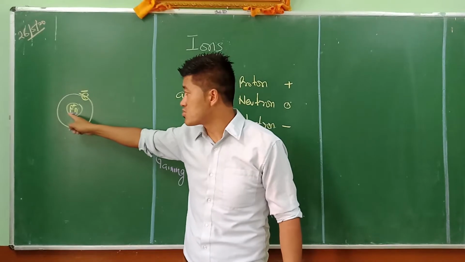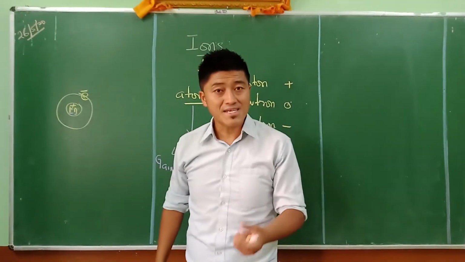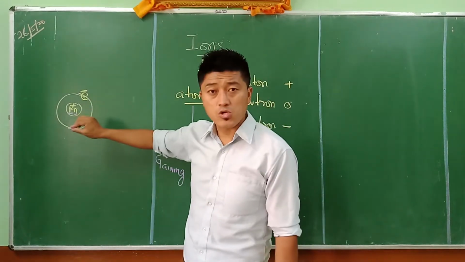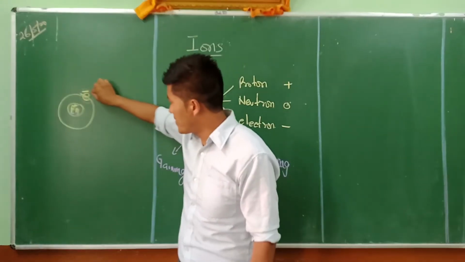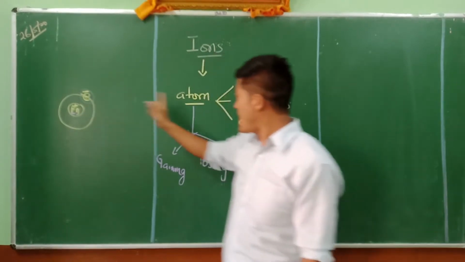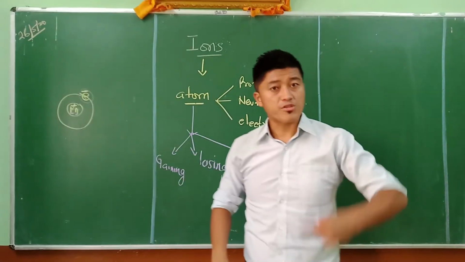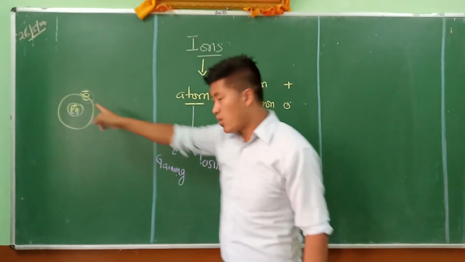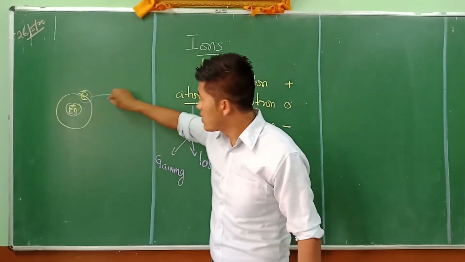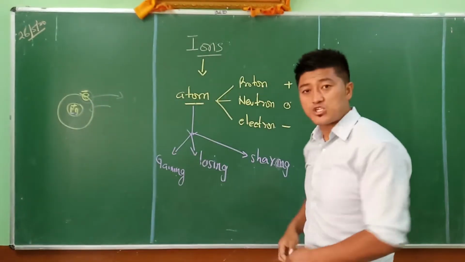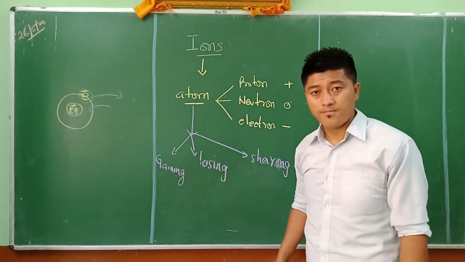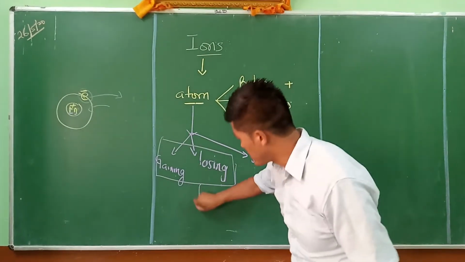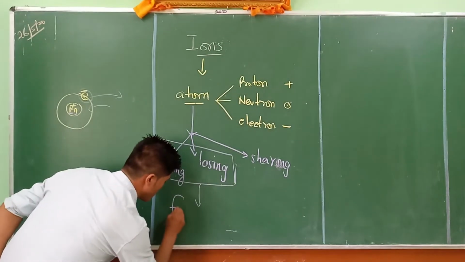The moment an atom loses a proton or neutron, the whole identity of the atom is going to change forever. Understand? So what they are going to lose is the electron. In order to make a connection with another atom, they either gain electrons, lose electrons, or share electrons. Is that clear? Whenever there is gaining or losing of electrons, there is a formation of ions.